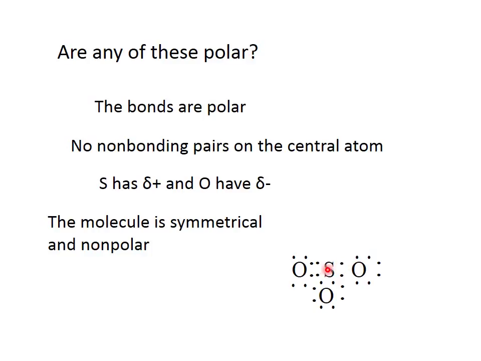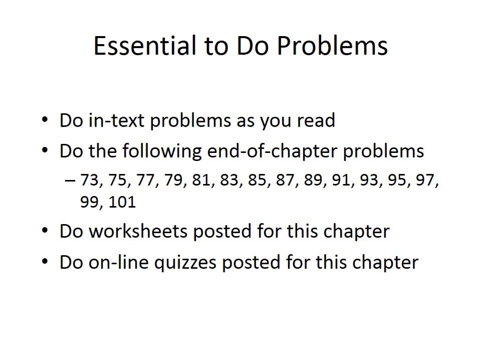Now we look to see, is this molecule nonpolar? Look at the sulfur. Are there any non-bonding pairs on the sulfur? All these electrons are in bonds, so there's no non-bonding pairs. Are the atoms on the outside all the same? Yes, they are. Oxygen, oxygen, oxygen. So the molecule is nonpolar.